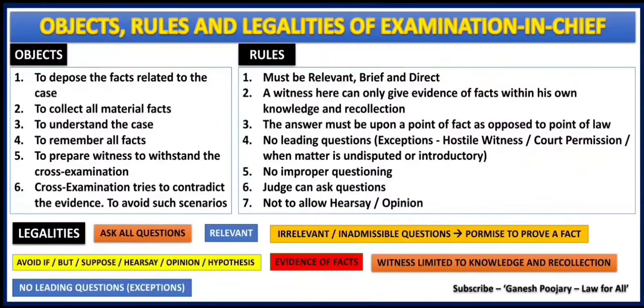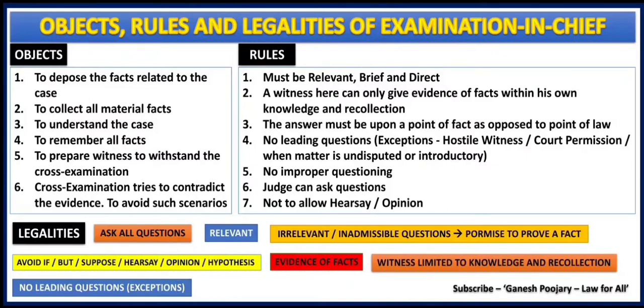Let us start the discussion with objects, rules and legalities of examination in chief, because that comes first in the order. Now, if we have to see the objects of examination in chief, I have listed 6 important objects. Remember, these are not the only 6 objects. I have brought 6 very important objects of examination in chief.